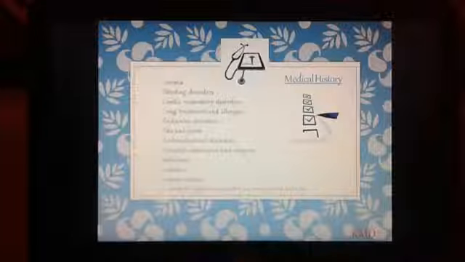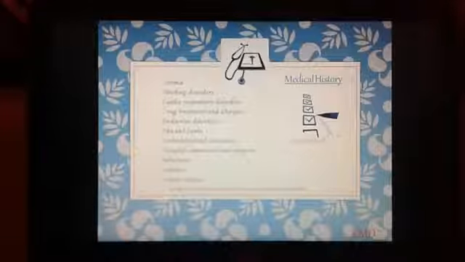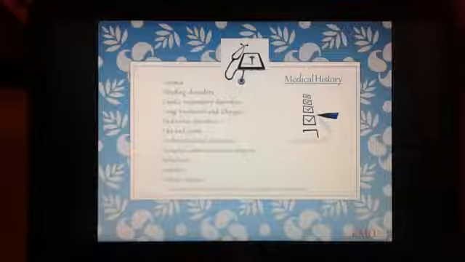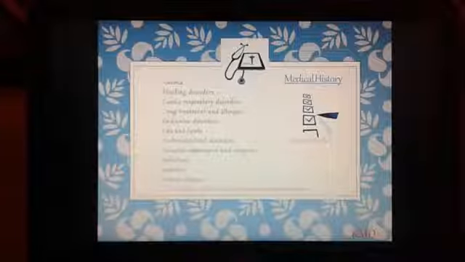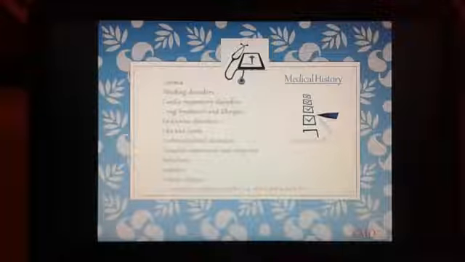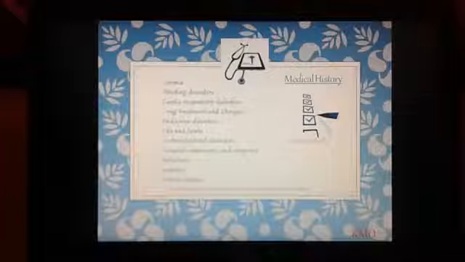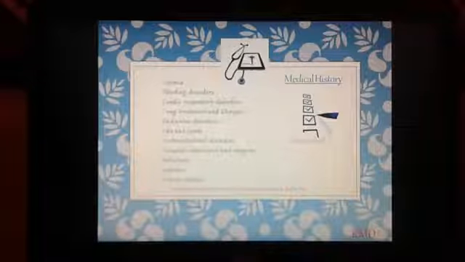A as in anemia, B for bleeding disorders, C for cardiorespiratory disorders, D for drug treatment and allergies, E stands for endocrine disorders, F for fits and faints, G for gastrointestinal disorders, and H for hospital admissions and surgeries, I for infections, J for jaundice, and K for kidney disease.